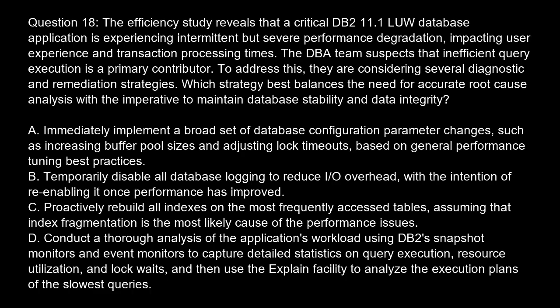Option C. Proactively rebuild all indexes on the most frequently accessed tables, assuming that index fragmentation is the most likely cause of the performance issues. Option D. Conduct a thorough analysis of the application's workload using DB2 snapshot monitors and event monitors to capture detailed statistics on query execution, resource utilization, and lock waits, and then use the explain facility to analyze the execution plans of the slowest queries.